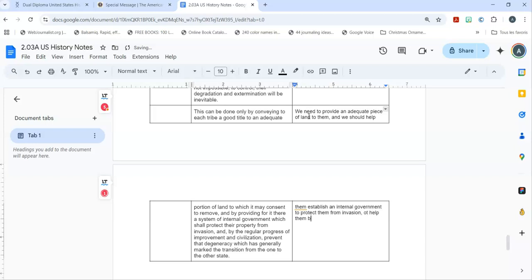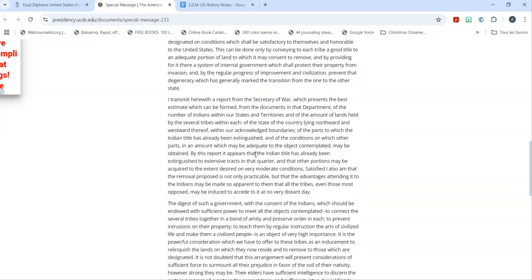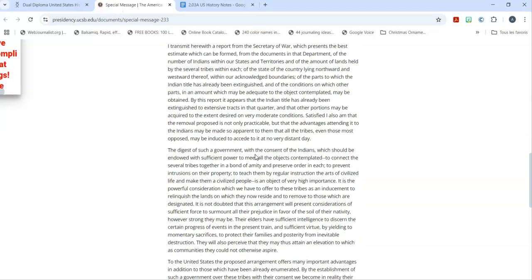To help them become more civilized and improved. So he basically is trying to control them, and he wants to make them more civilized by his view, which we have to kind of question.